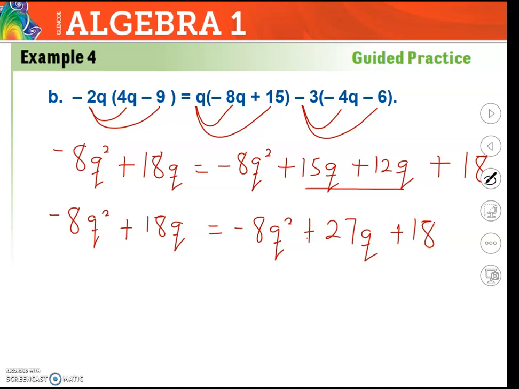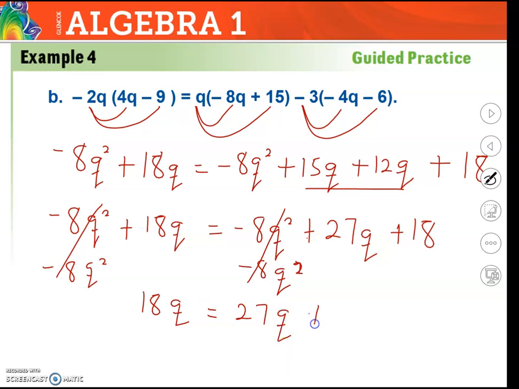And now this is an equation, so we add 8q squared to both sides, so it all goes away, and we're left with 18q is equal to 27q plus 18.